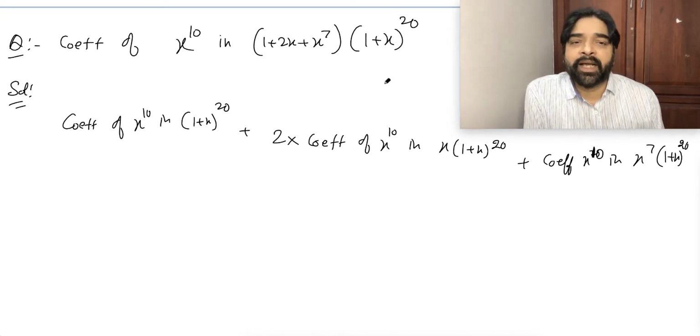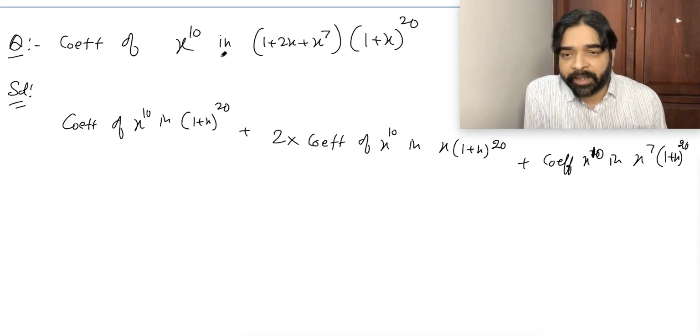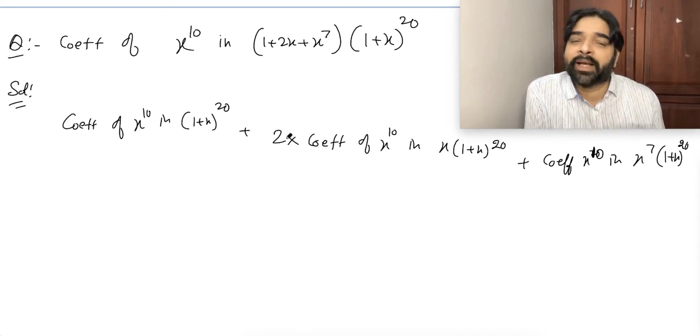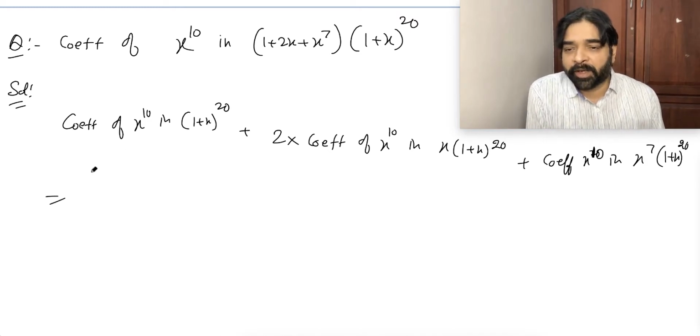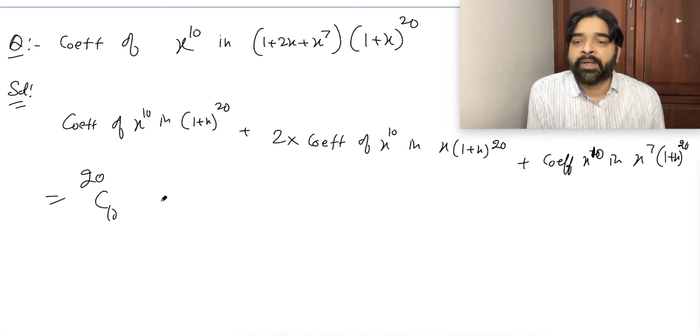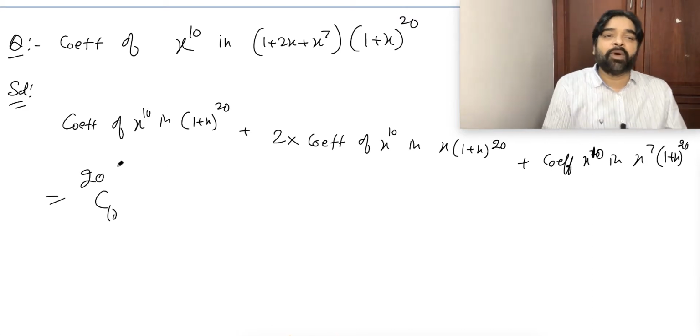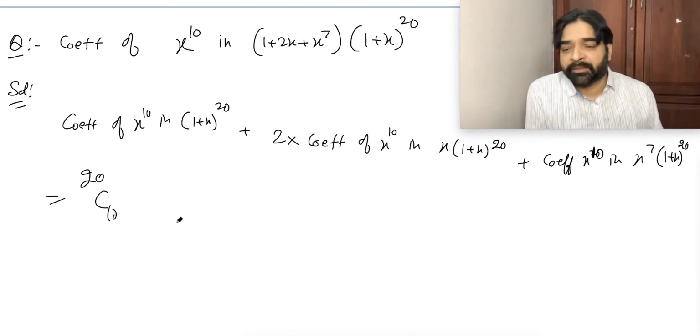Have you understood? Nothing I did, I just multiplied this. So, coefficient of x^10 when this multiplies with this one, plus coefficient of x^10 in 2x into this. So, 2 I can take out. Right? 2 is not going to change the coefficient. So, x into (1 + x)^20. So this will be equal to, we got it, 20C10, because coefficient of x^r in (1 + x)^n is nCr.